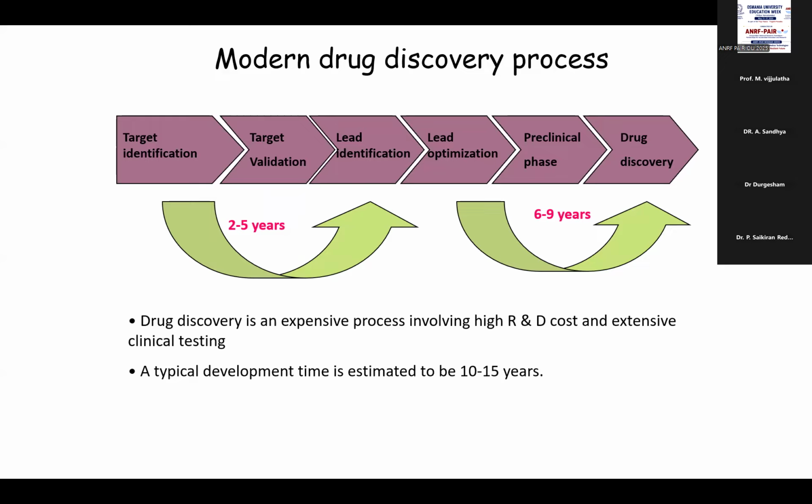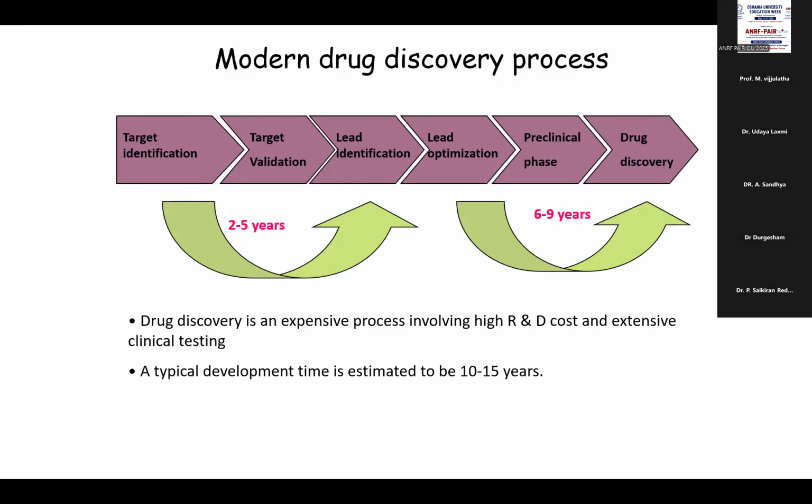And then go for small molecules which can inhibit this target. There we do a lead identification and then we try to optimize these leads so that we get some kind of structures which will be having maximum interactions with the receptor. That is the process which we do in lead identification and lead optimization.